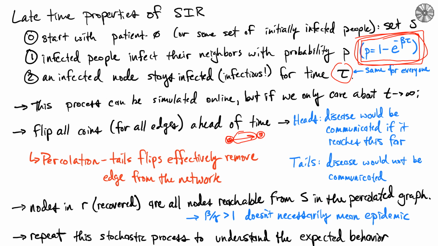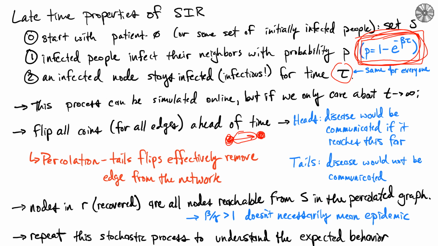So this edge is going to communicate the disease with probability P. It's no longer a fair 50-50 coin, but now it's flipping heads with probability P. If that coin comes up heads for that edge, that means this first node will indeed infect its neighbor. If it comes up as tails, then the disease is not communicated.